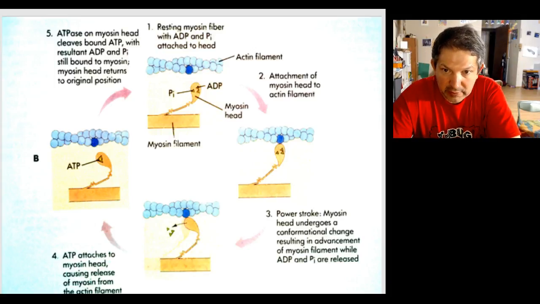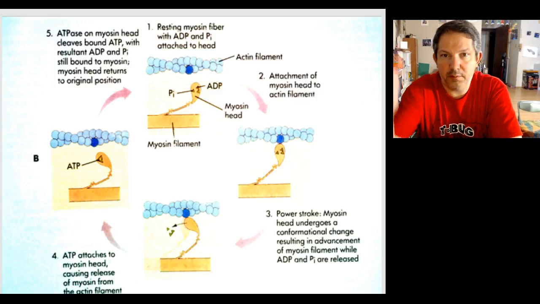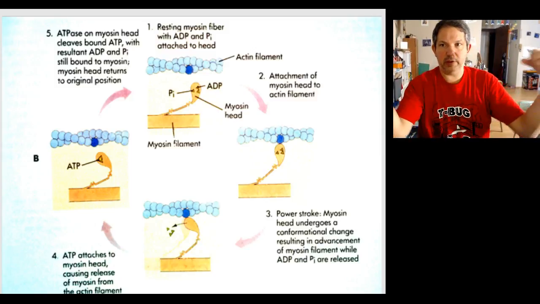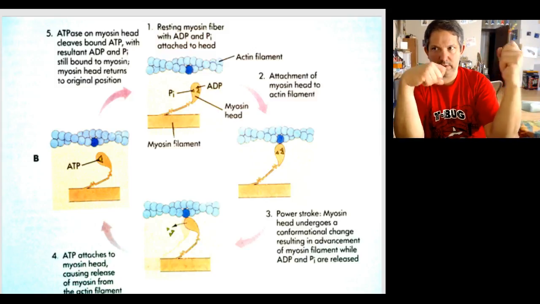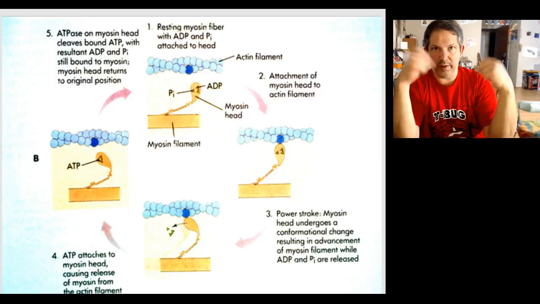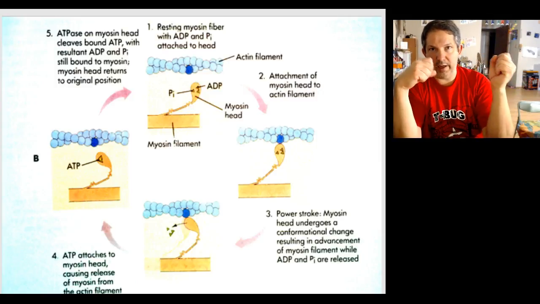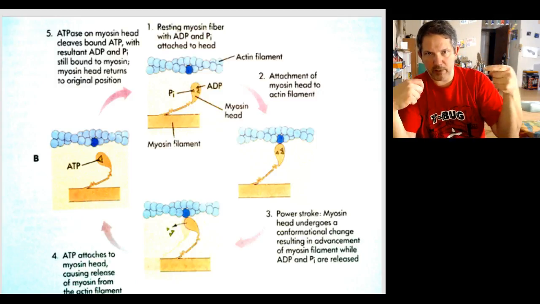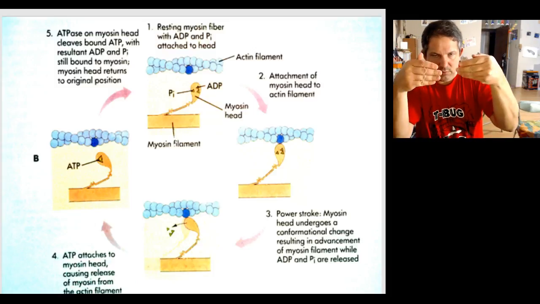If it attaches, it will ratchet and pull. All these little heads, this is what they do. Every little myosin head, some are pulling this way, some are pulling that way. They're just doing that.